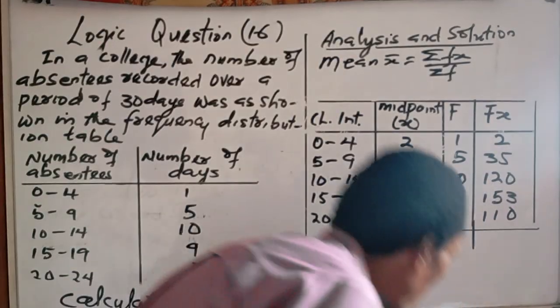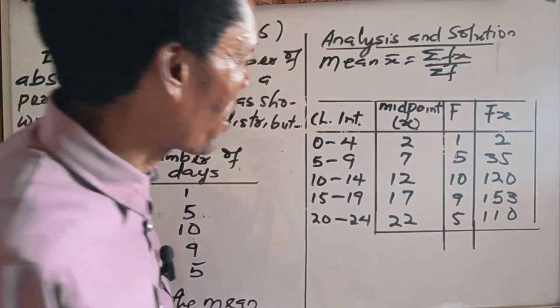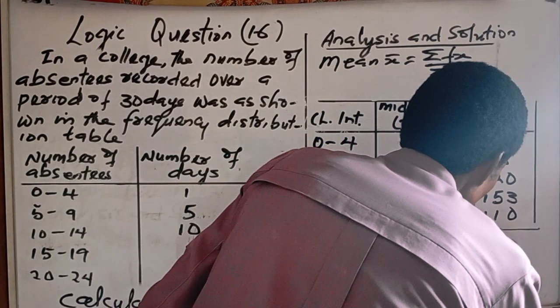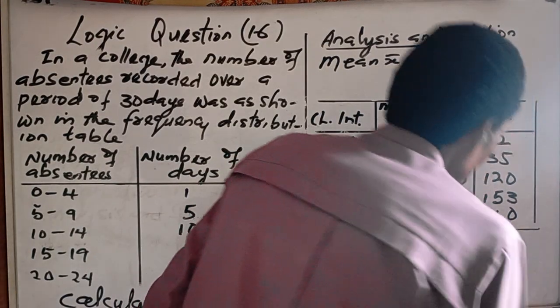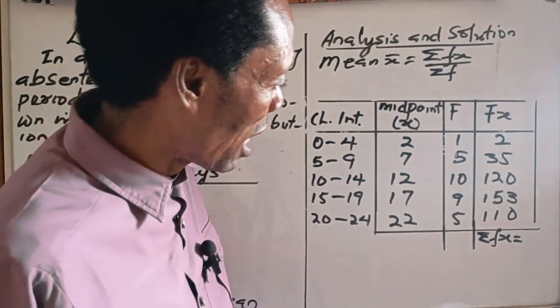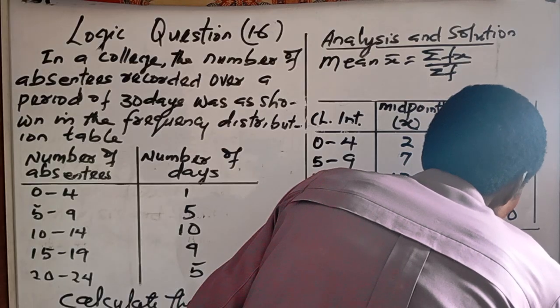So what do we do now? We have to sum it based on the formula. Now this is sigma fx. So let's add everything together. Adding everything together, we have 420.